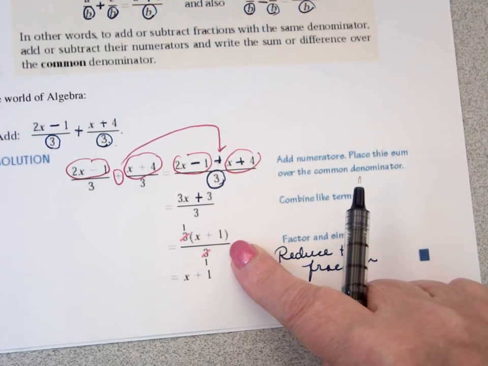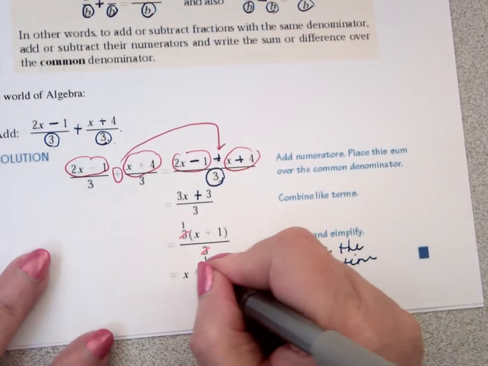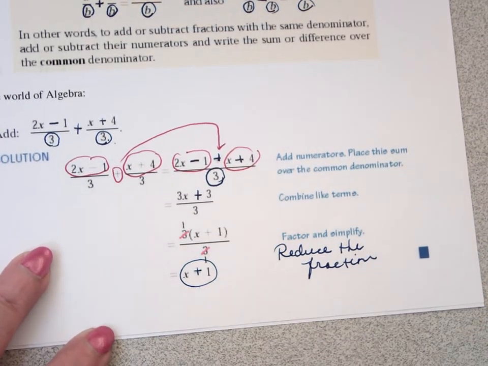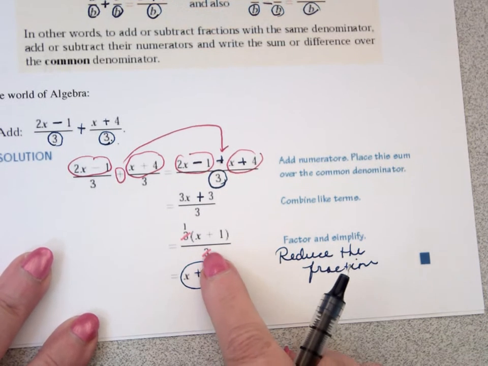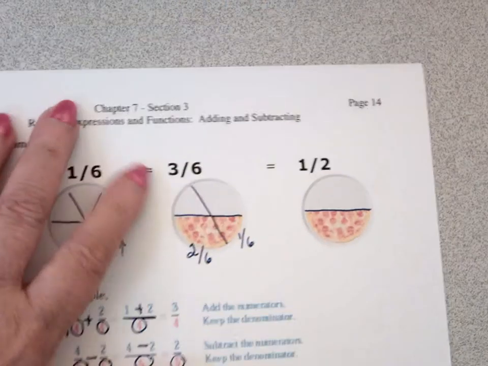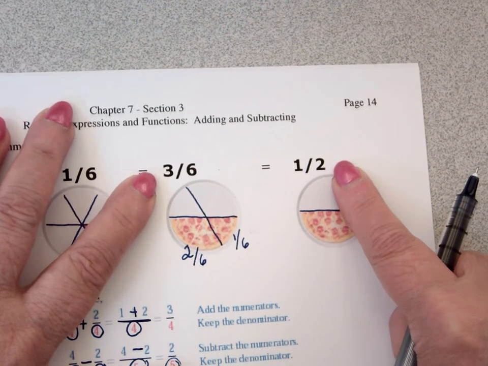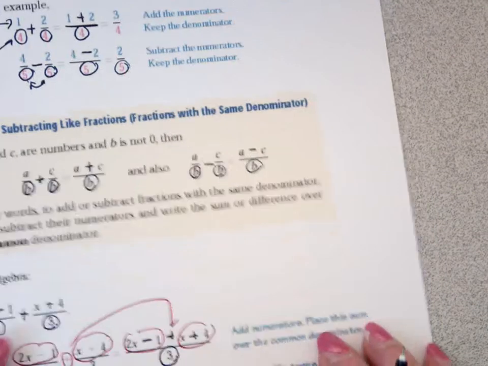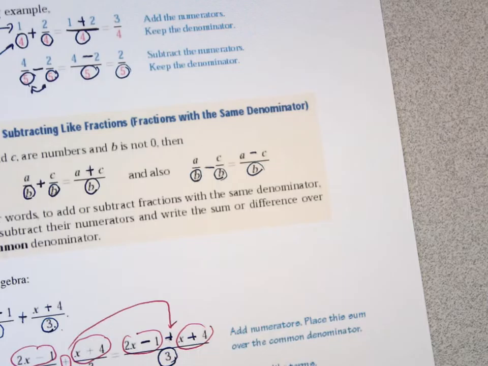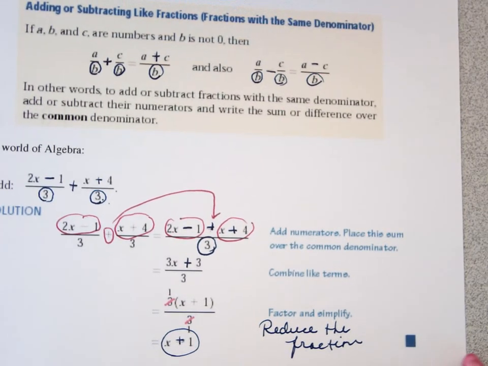We simplify, which is reduce the fraction. And then my final answer is just x plus 1. See, this is analogous to taking 3/6 and reducing it down to 1/2. Only now we're in the algebra world instead of the arithmetic world. They should match. The processes match. It's just that they're a lot more complicated.